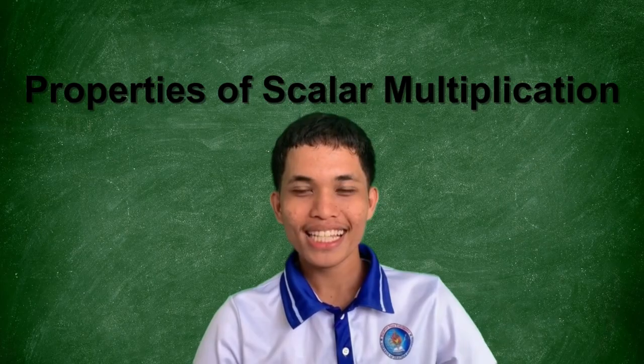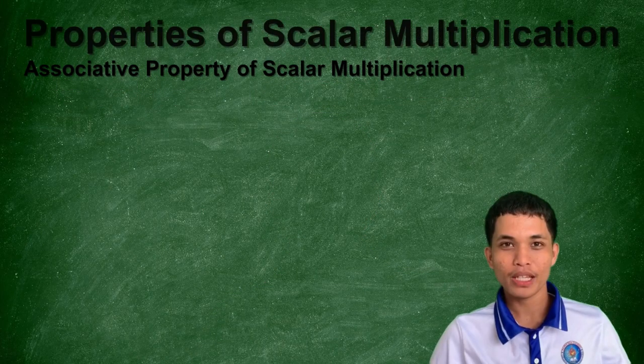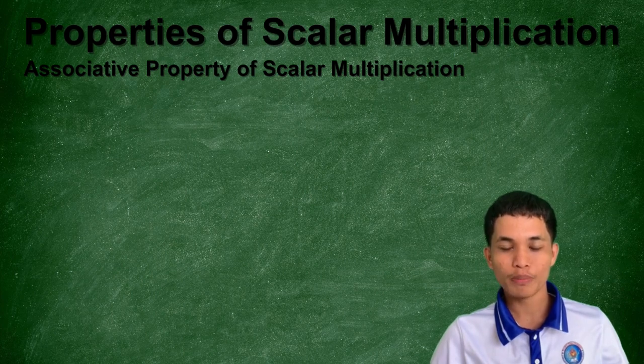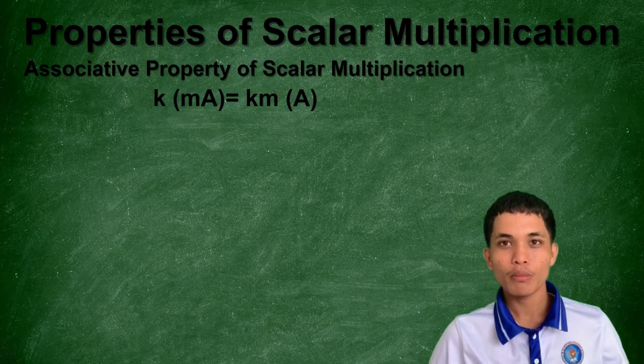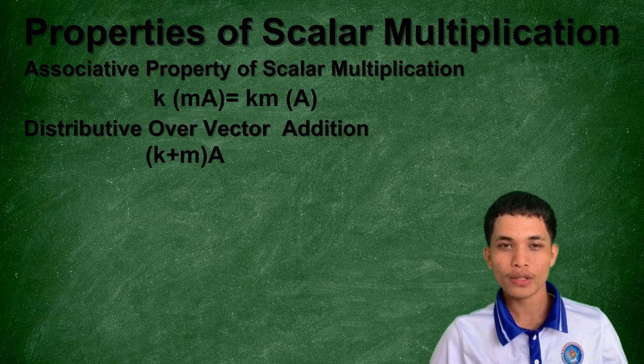And now, let's recall the properties of scalar multiplication we've discussed. The first one is the associative property. This tells us that multiplying a vector by 2 scalars, one after the other, is the same as multiplying the scalars first, then applying the result to the vector. The second property is the distributive property over vector addition.